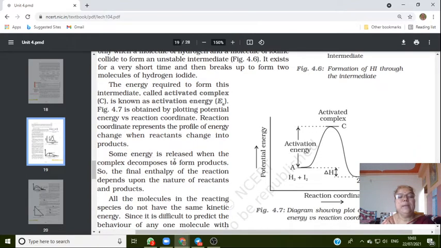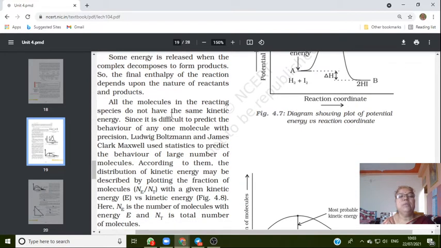Here, some energy is released when the complex decomposes to form products, so that the final enthalpy of the reaction depends upon the nature of reactants and products. All the molecules in the reacting species do not have the same kinetic energy, since it is difficult to predict the behavior of any one molecule with precision.